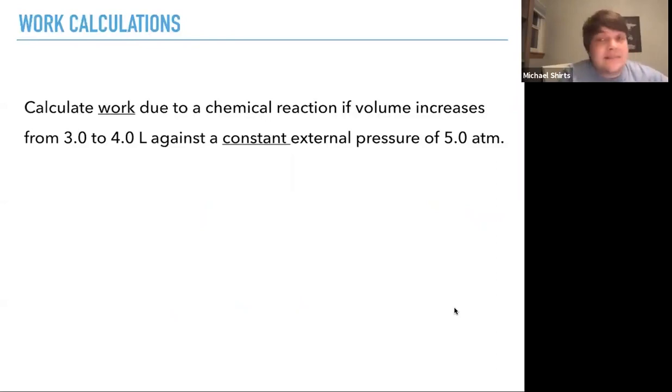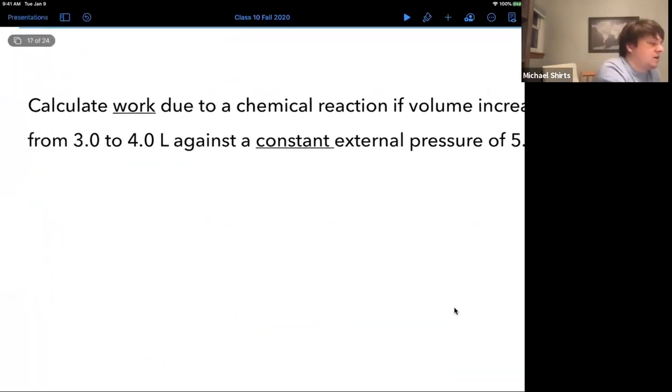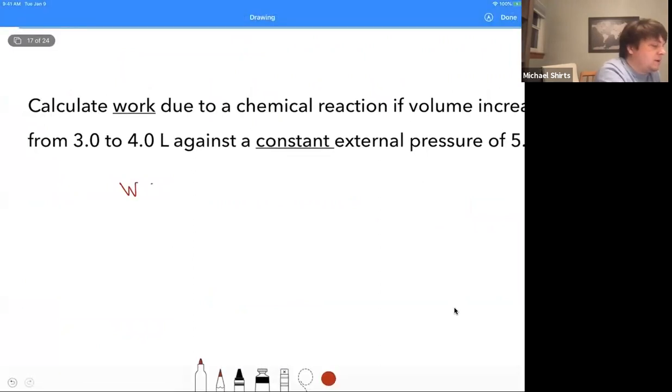Let's make this quantitative. I keep threatening things to be quantitative. Calculate the work due to a chemical reaction if volume increases from 3 to 4 liters against a constant external pressure of 5 atmospheres. Okay, so the work equals minus P dV equals minus 5 atmospheres times 4.0 liters minus 3.0 liters.